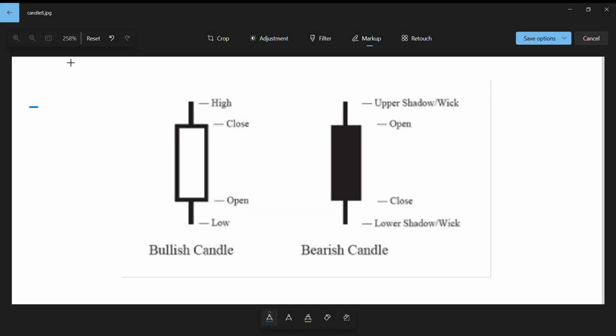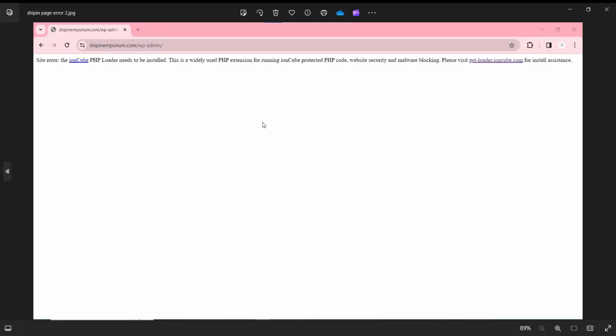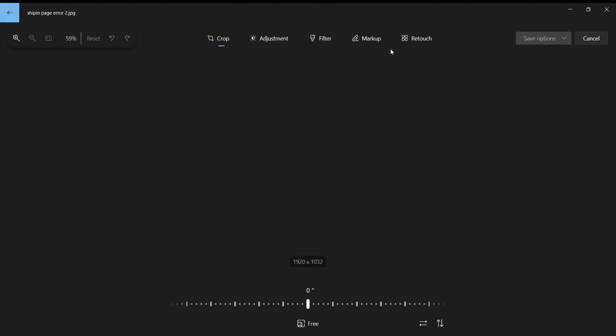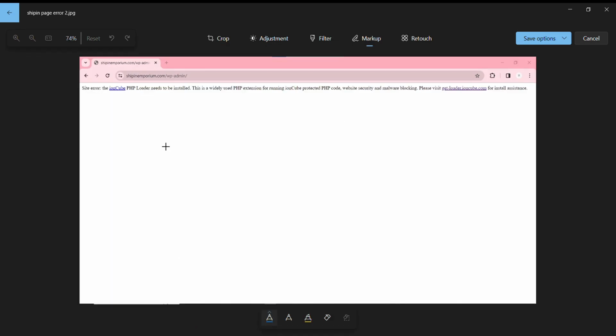Okay, now when you have a support line, take my markup. Let's assume that we have a support line. This is support line 1.